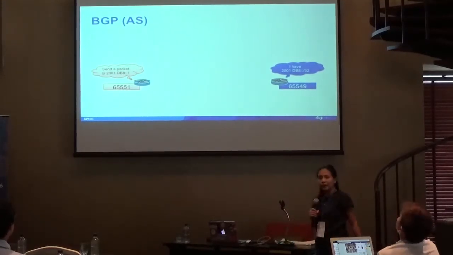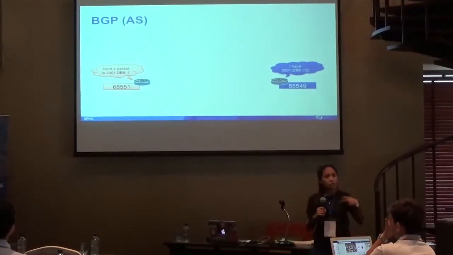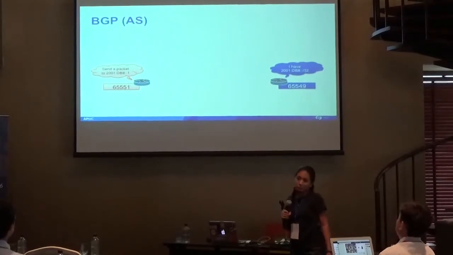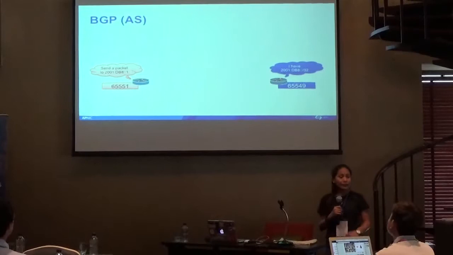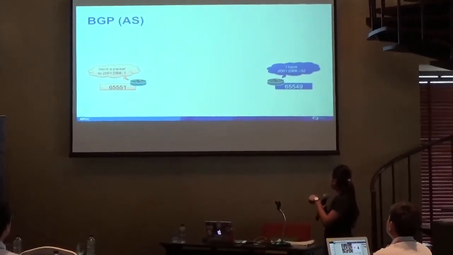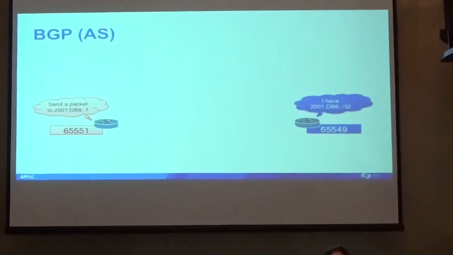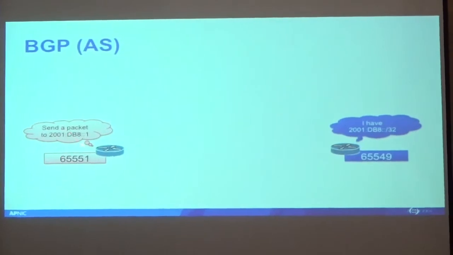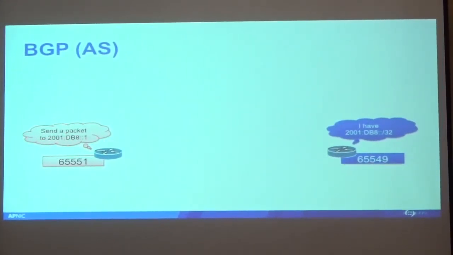We have here a diagram that talks about announcing a prefix and how it's received by other routers in the network. Here you have two networks, AS65551 and AS65549. If I need to send traffic going to 65549, coming from this network, maybe the prefix is 2001:DB8::/32.